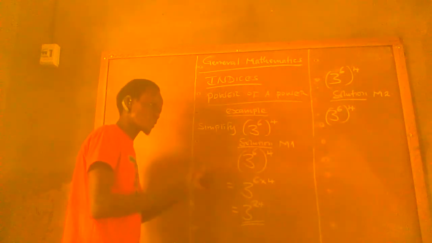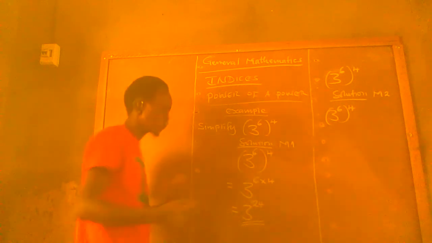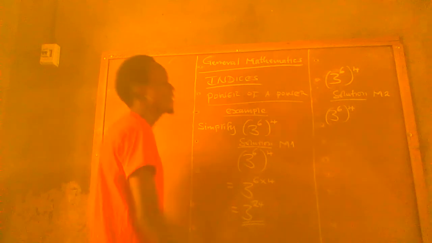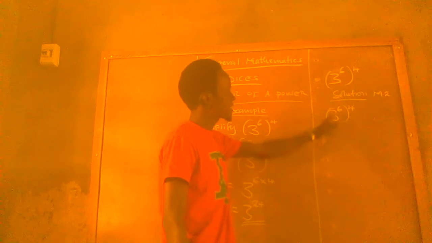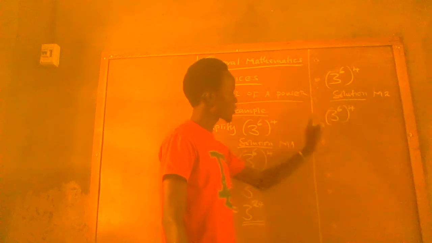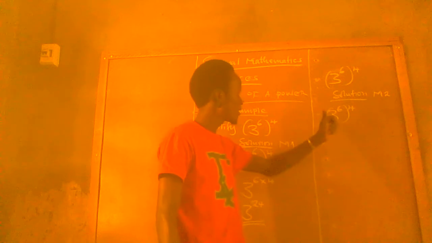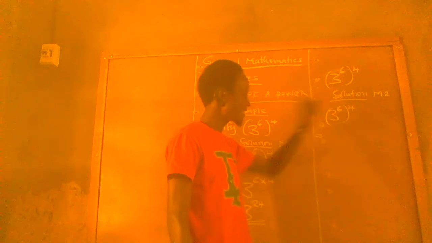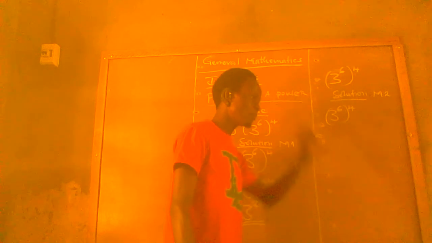We want to see how we can use this different method, but at the end of the day we are going to have 3 raised to the power 24. That is my aim. See, the base is raised to the power 6. That tells you that in this case I'm going to multiply 3 six times, then I indicate 4 to each base.